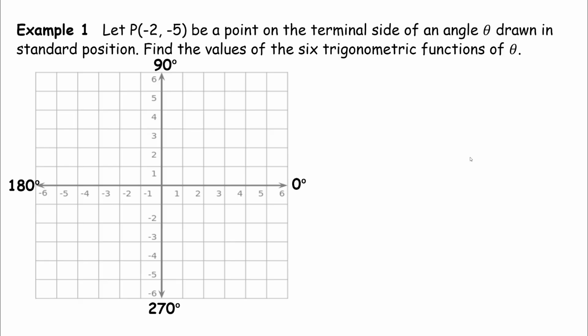So if we let the point P be (-2, -5), so this point in the third quadrant, and we let it be a point on the terminal side of an angle theta drawn in standard position.